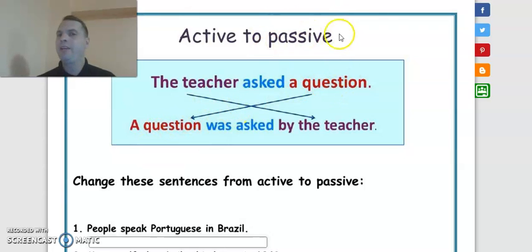But if we are using the passive voice, can you remember? We don't know what the subject is. So we just say a question was asked by the teacher. Okay, so we don't know who asked, but we know that a question has been asked.